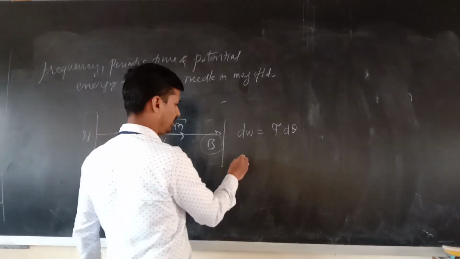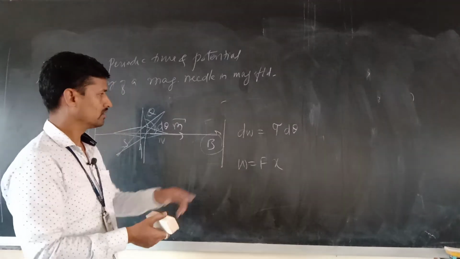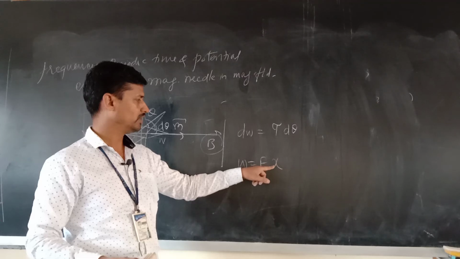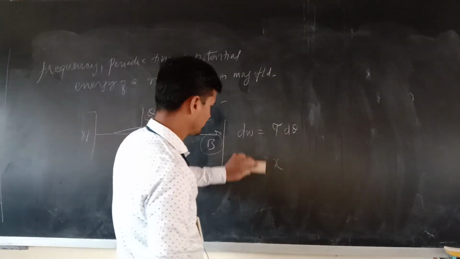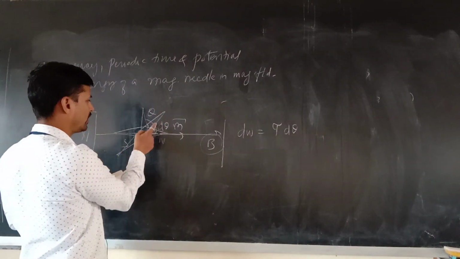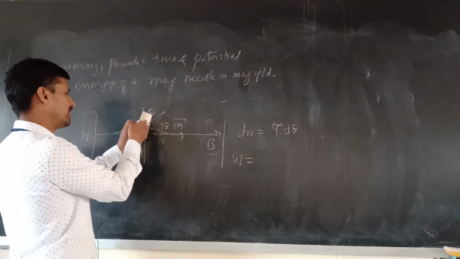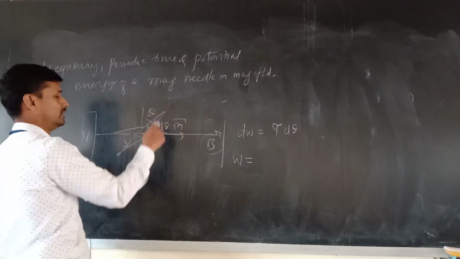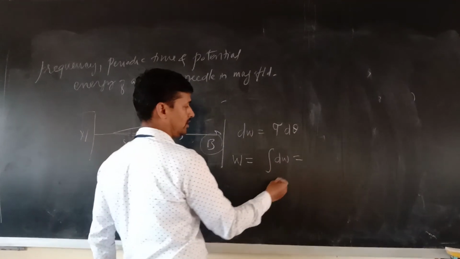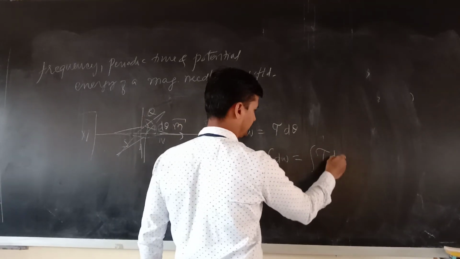See, in a linear motion work is force into displacement. In a rotational motion, torque into angular displacement. Now children, this is work done to rotate it by a small angle d theta. What is work done to twist it by a larger angle theta? This whole angle theta is integration of small work. dW is equal to tau d theta.